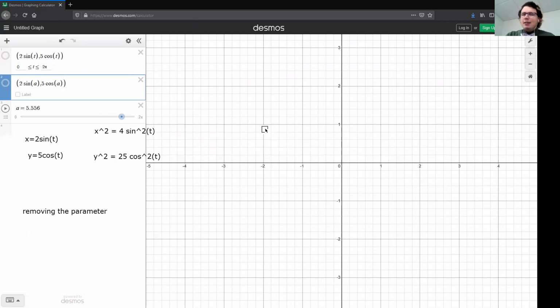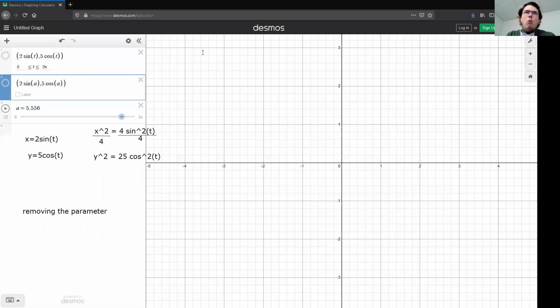What I want is to be able to add up a cosine squared and a sine squared. Those are the only places where I have a t involved in these equations, and then adding those things up, it doesn't matter what value t is. So I'm going to divide my x equation by 4 on both sides.